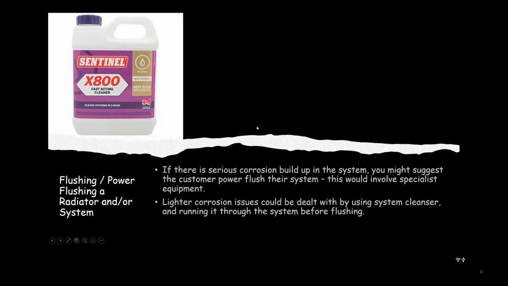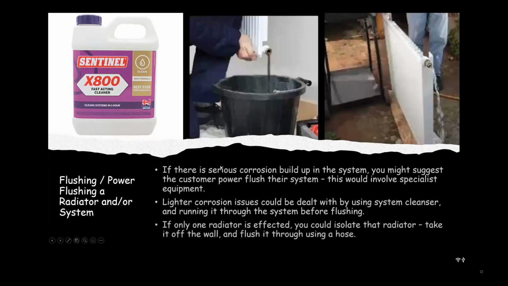Obviously follow the manufacturer's instructions for that, and make sure you use it appropriately. Okay, if it's just one individual radiator that there's a problem with, what you could do is isolate that radiator, drain it down, and flush it through just using a hose.